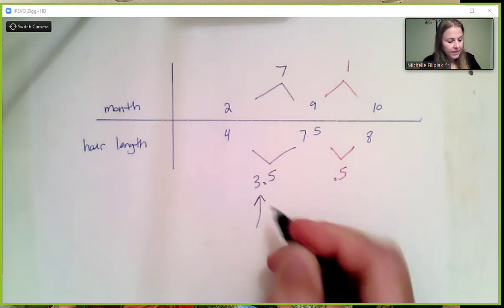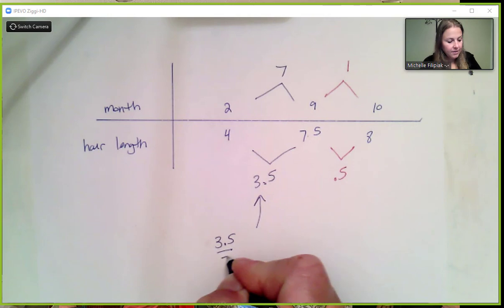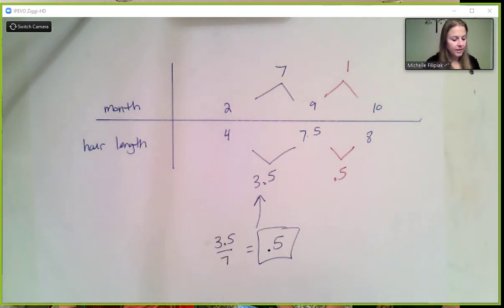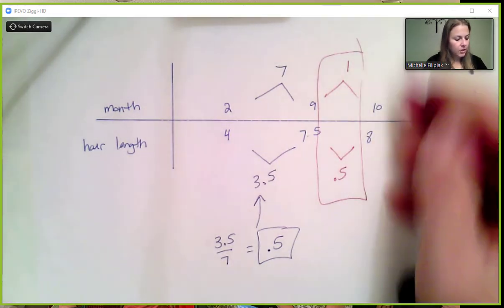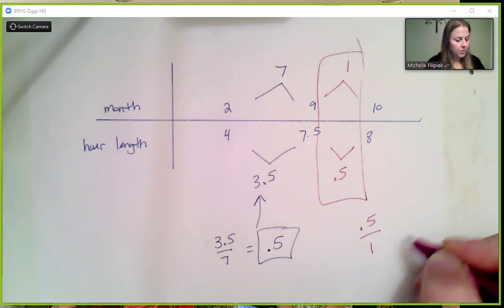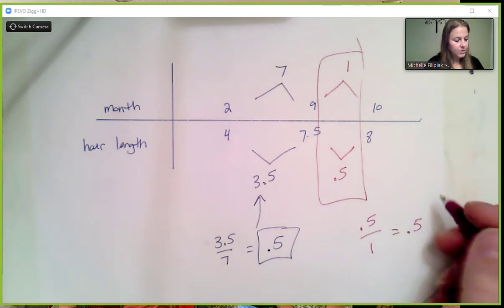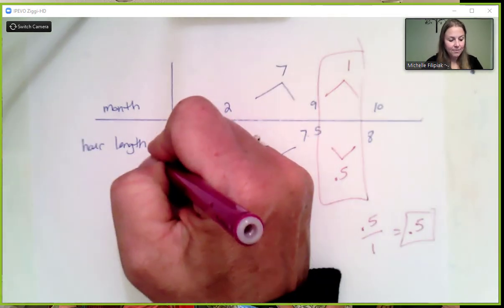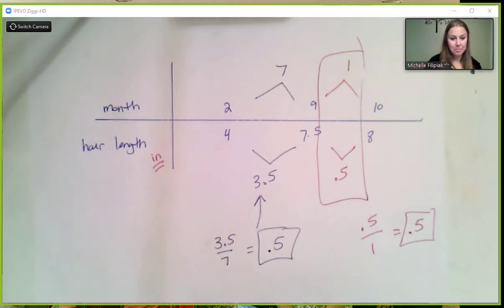So if you're finding the slope with this, 3.5 over 7 is 0.5 or 1/2. And if you're finding the slope with these two, you're also getting 0.5 over 1, which is 0.5. So your hair grows half an inch per month.